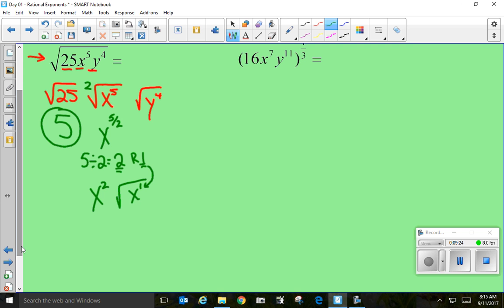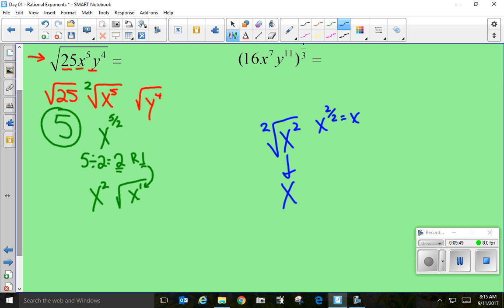Question. If I had the square root of x squared, what is that? Well, if there's a fraction, would that be x to the 2 over 2, which is just x? If the numbers on the outside and inside match, it's just itself. So we have 5 here.